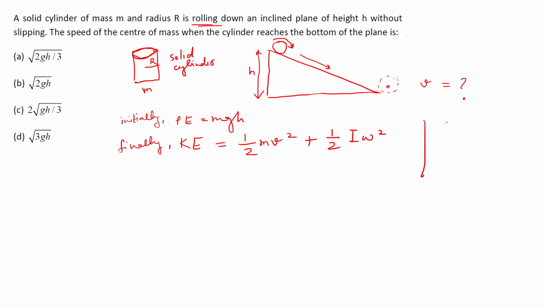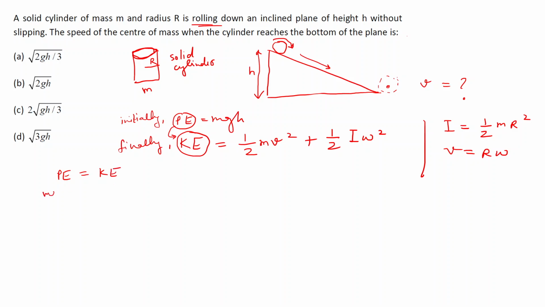For a solid cylinder, the moment of inertia is also half mr square. And again, taking v equal to r omega, we will substitute here. Since all the potential energy converts into kinetic energy when h is 0, meaning it has reached the bottom, we can equate potential energy and kinetic energy.